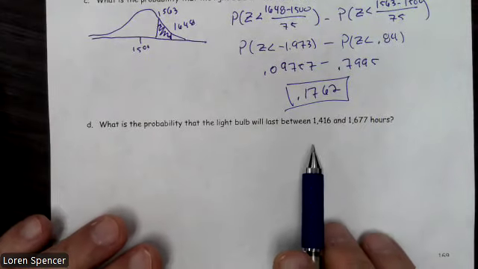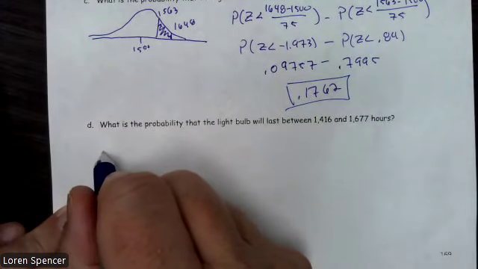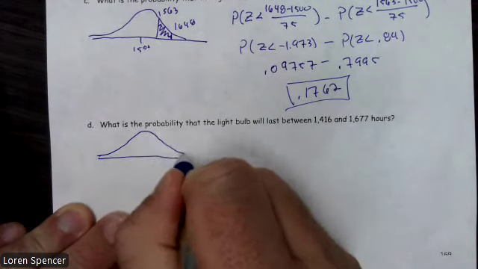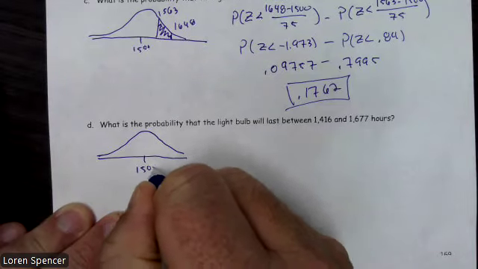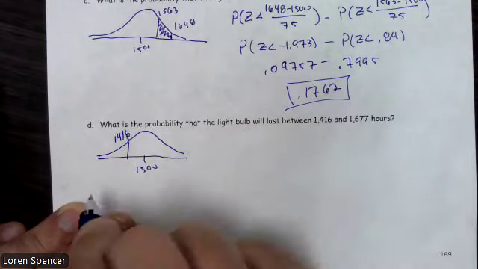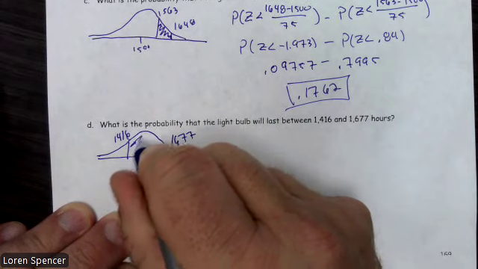All right, what's the probability the light bulb lasts between 1416 and 1677?